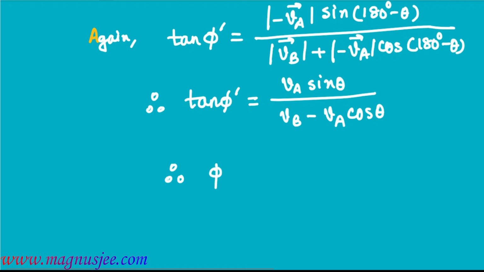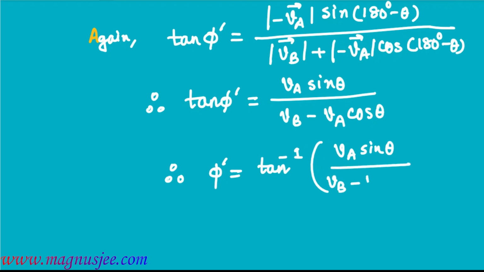Therefore, phi dash is equal to tan inverse of VA sin theta divided by VB minus VA cos theta.